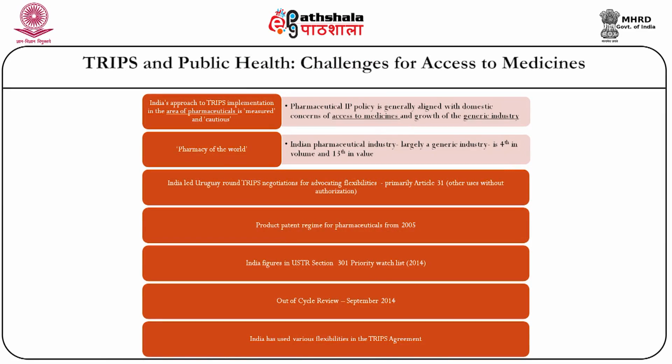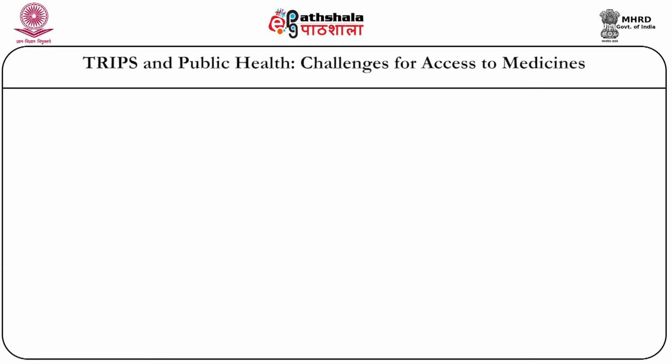However, the WTO has come to a conclusion that they may prima facie not violate the WTO requirements. However, if the US has to pursue its interest and take unilateral action against WTO member countries, then it may definitely violate the WTO agreement. India has used various flexibilities in the TRIPS agreement, primarily involving two of them.